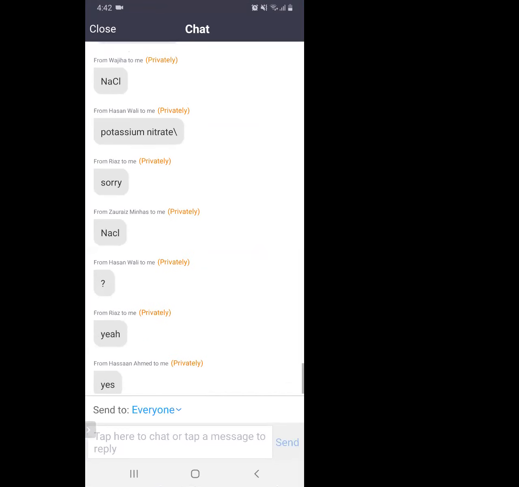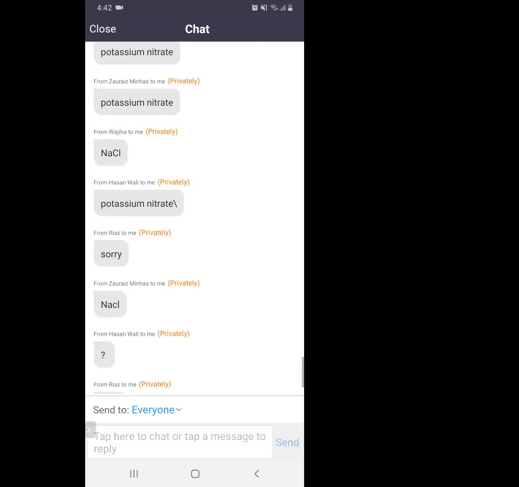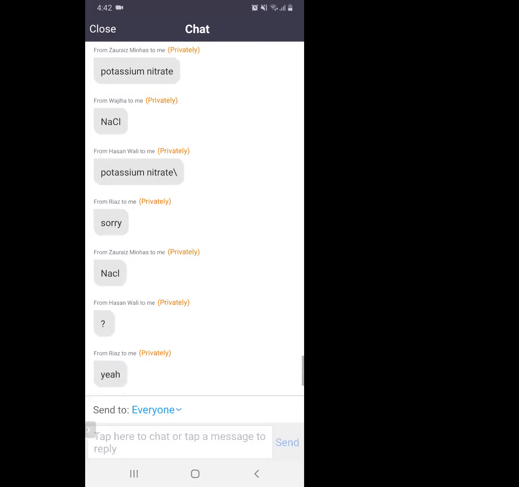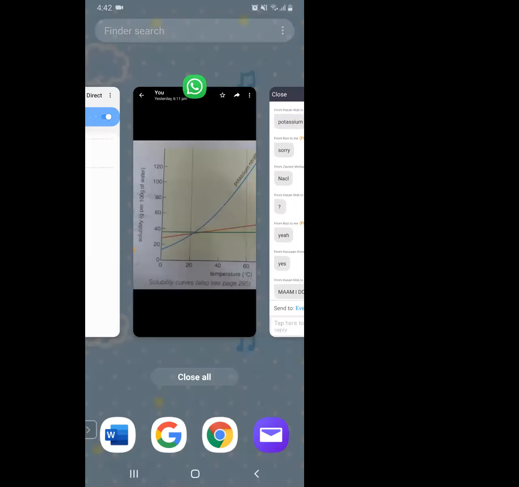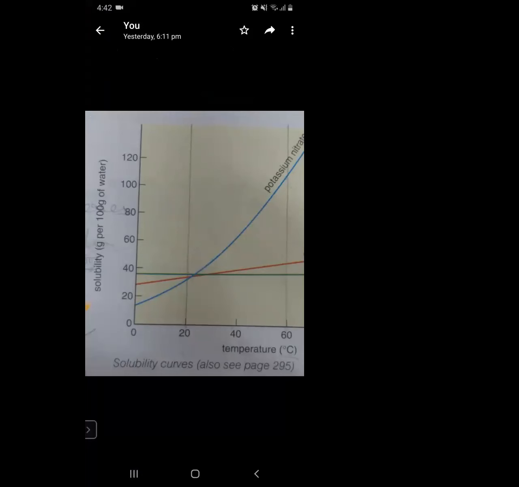What, Hassan? Potassium nitrate? No, potassium nitrate is not the most soluble. It is the least soluble. You don't understand? Okay, look at this picture. I'm sharing my screen. Now, if you want to know which salt is the most soluble at 20 degrees Celsius from this graph, what will you do?